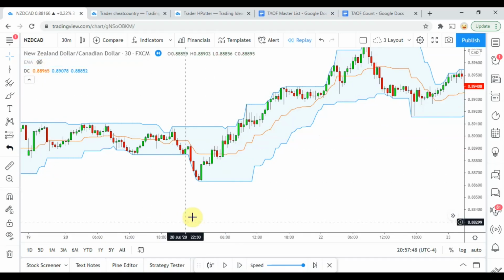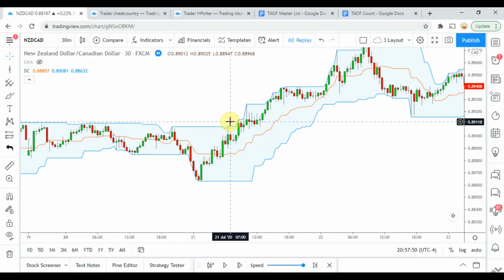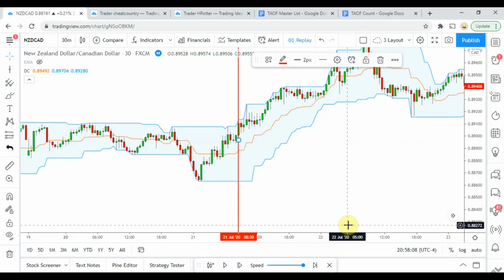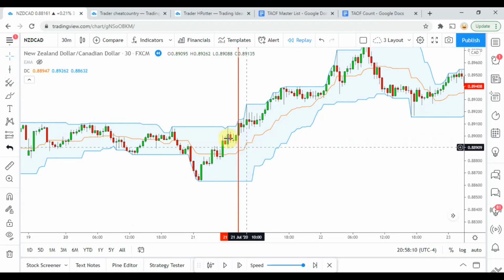So first of all, let's turn off that EMA and take a look at the Donchian channel. Basically what they did was use the upper band and the lower band. When the upper band makes a higher high, for example right here on this particular candle, you can see that the upper band makes a higher high than it had previously down here.